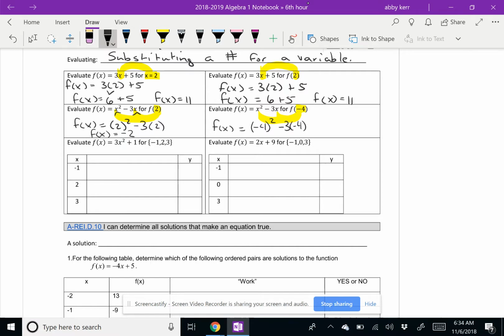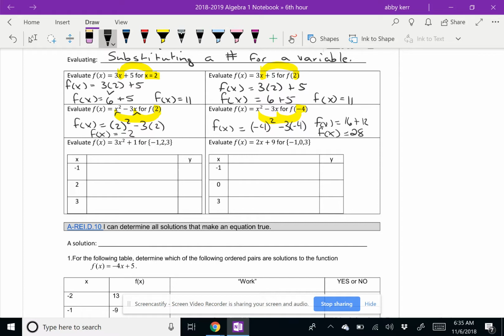And if you don't use parentheses, the calculator will do the wrong operations. So f of x equals 16 plus 12. So then we have f of x equals 28.